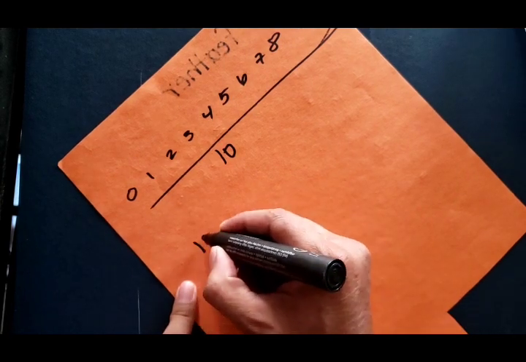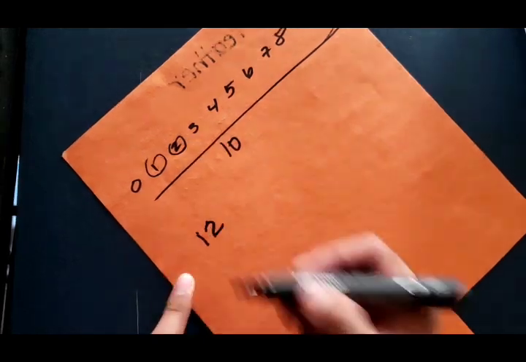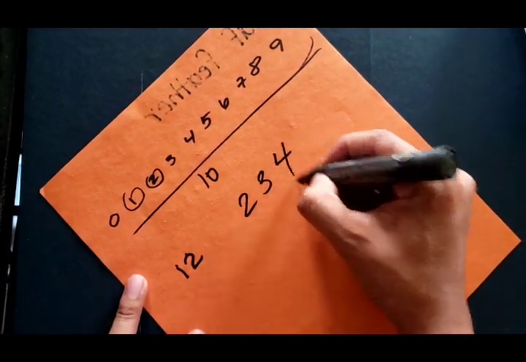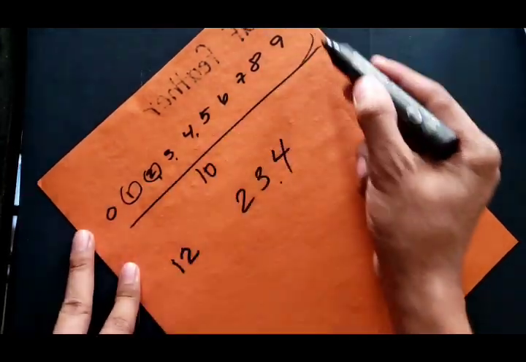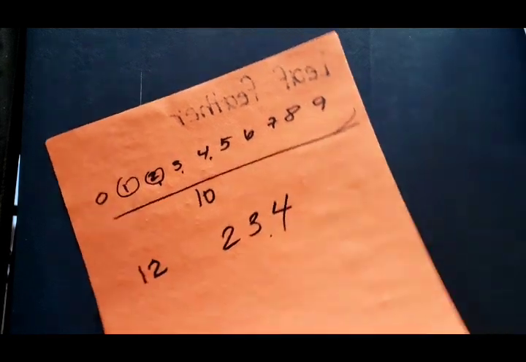For instance, how do you write number 12? You use a 1 and a 2 to create 12. How do I write 234, mister? A 2, a 3, and a 4. With these 10 different digits, we can create all the other numbers.